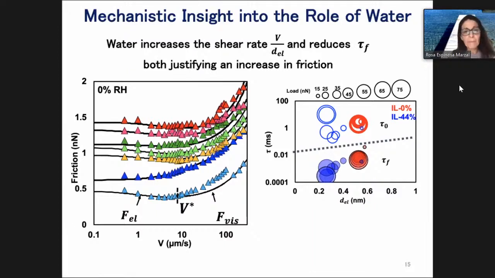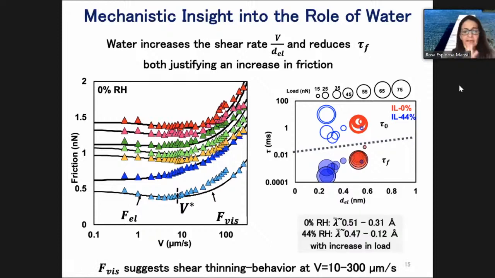And both factors together explain or justify the increase in friction in the elastic contribution. For the viscous term, we cannot determine the viscosity. It cannot be unambiguously determined because we don't know the thickness of the films in the hydrodynamic regime, but we can determine the shear activation length.